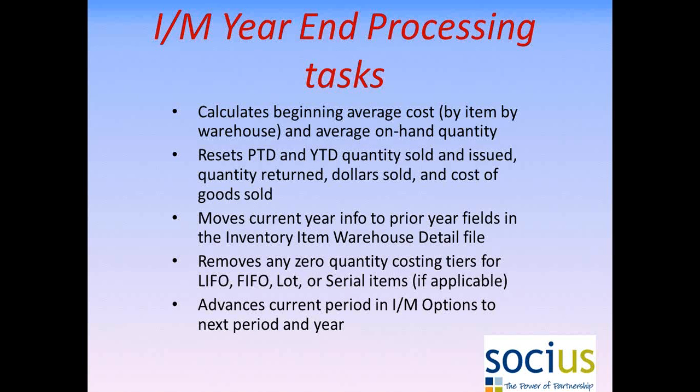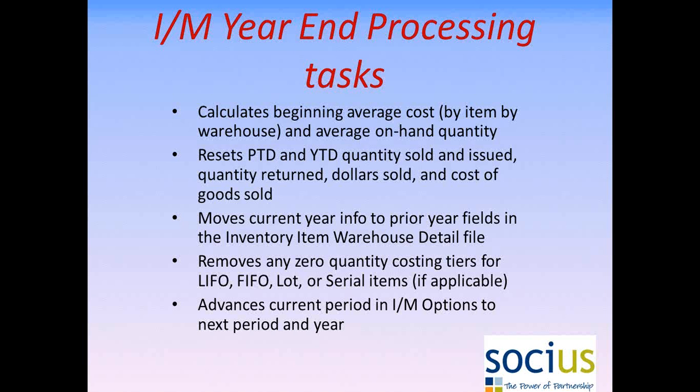The tasks that are completed during the inventory period end or year-end processing are that it calculates the beginning average cost by item by warehouse and an average on-hand quantity by item by warehouse as well.